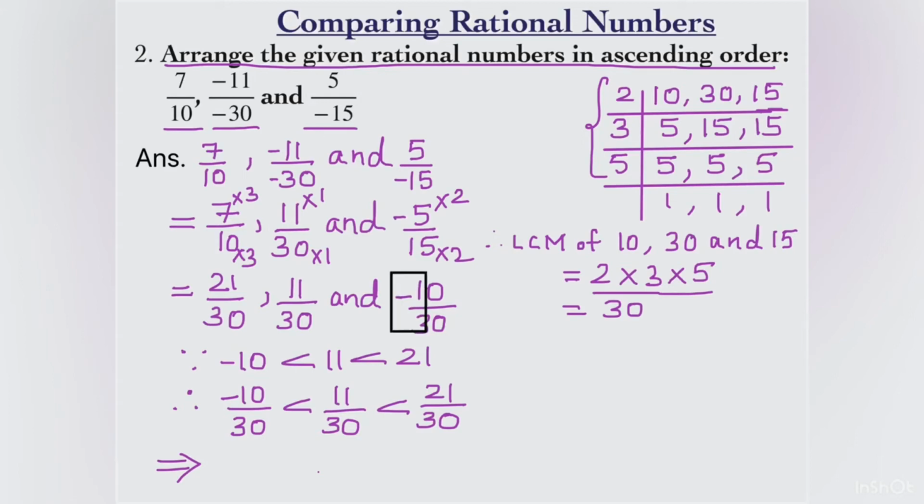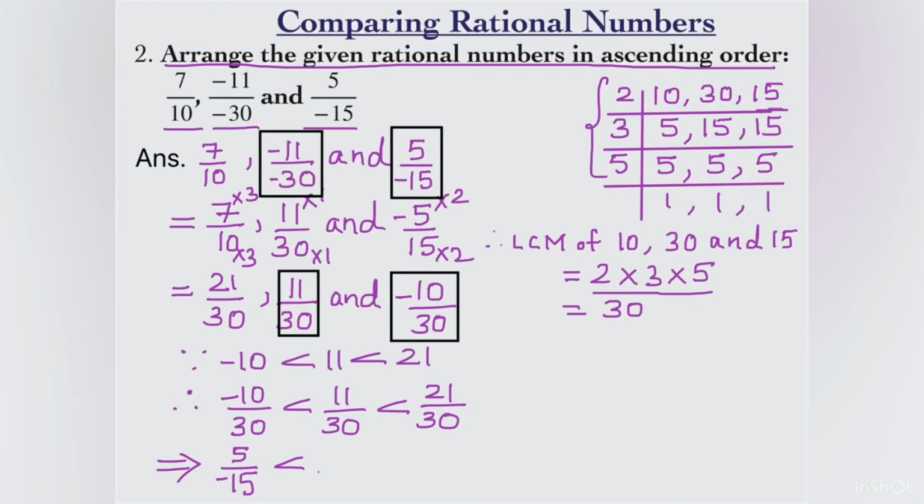minus 10 by 30 is equivalent to 5 by minus 15. So we can write 5 by minus 15 here, which is less than 11 by 30, which is equivalent to minus 11 by minus 30.